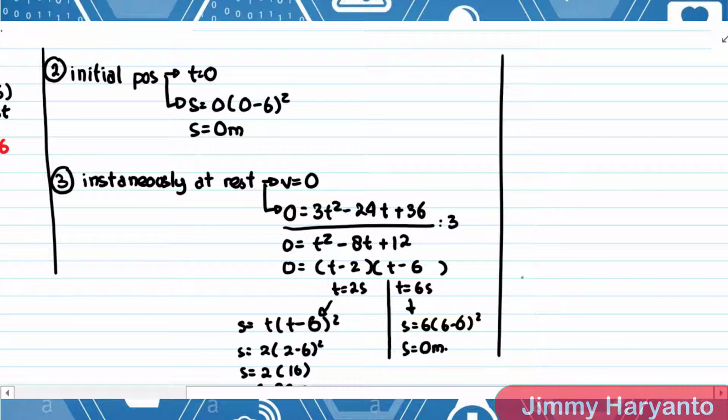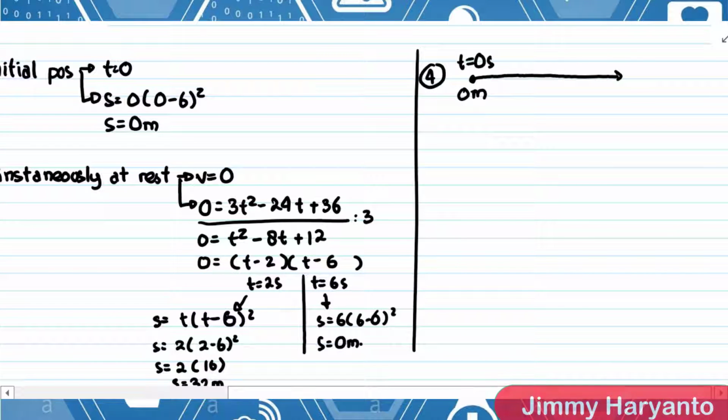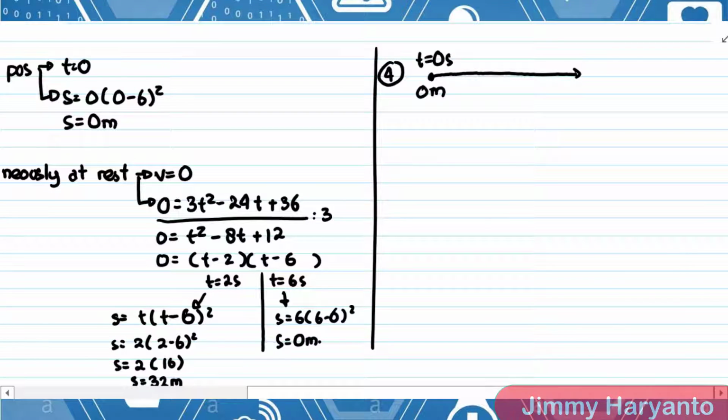Preparation for number 4 is sketching a little bit of the motion. The particle starts moving from 0 meters when t equals 0 seconds. It will go to the right side until it becomes instantaneously at rest at t equals 2 seconds, and the position is 32 meters.